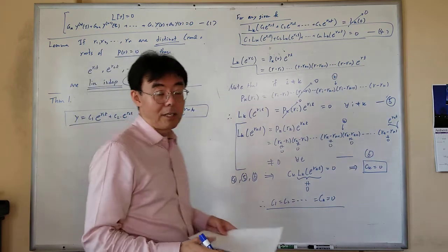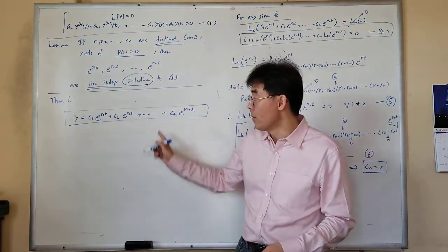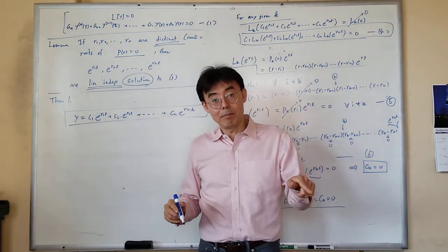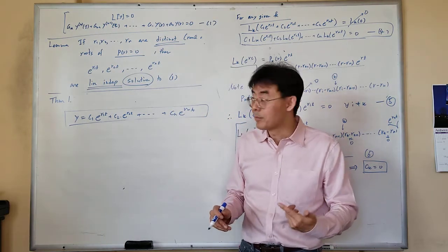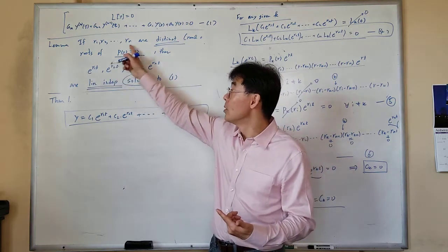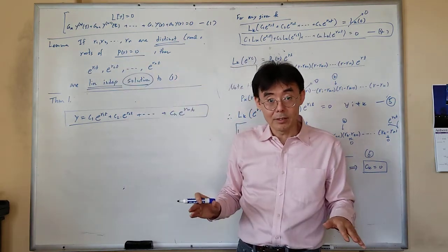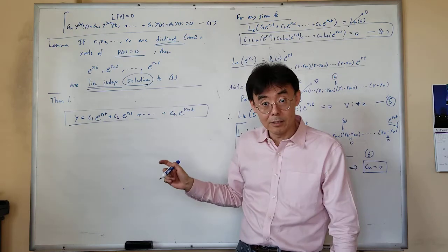So again, just like the second order case, it's a matter of solving an n degree polynomial equation called the characteristic equation. Okay? And when those roots are all distinct, then they are linearly independent.